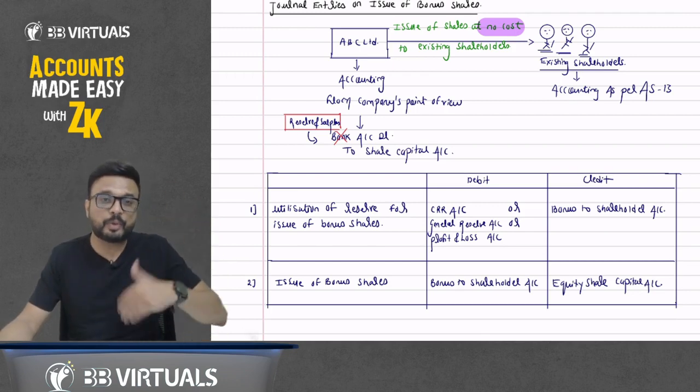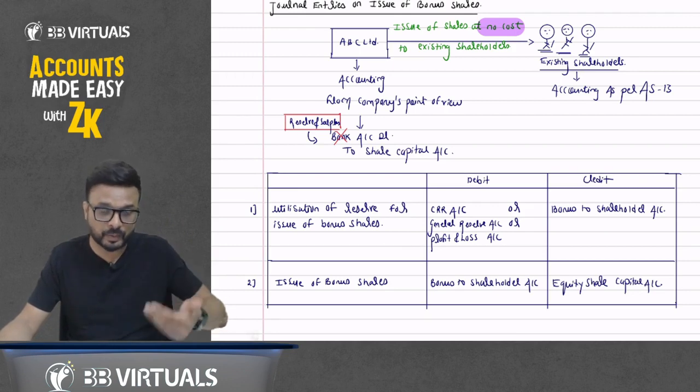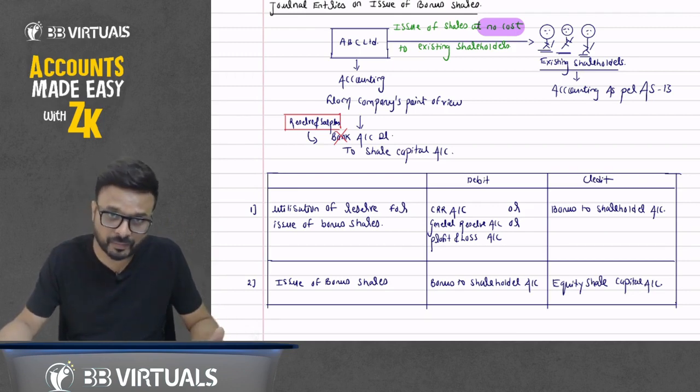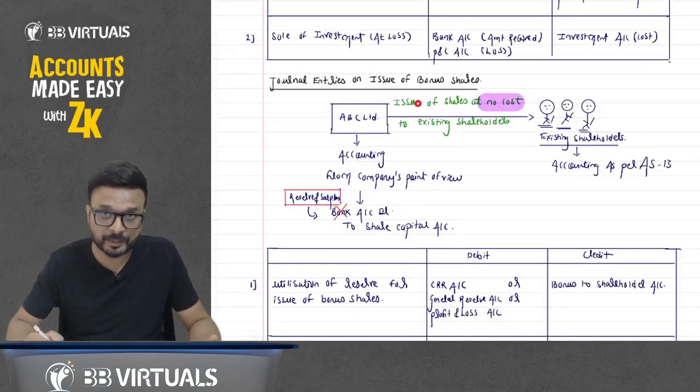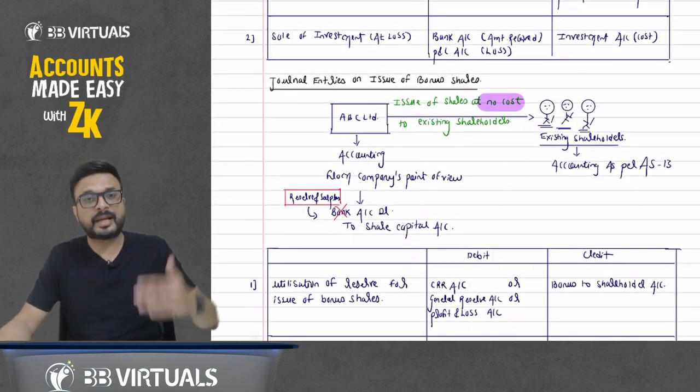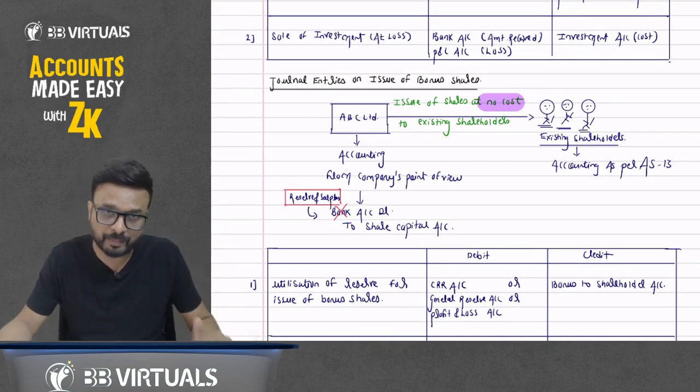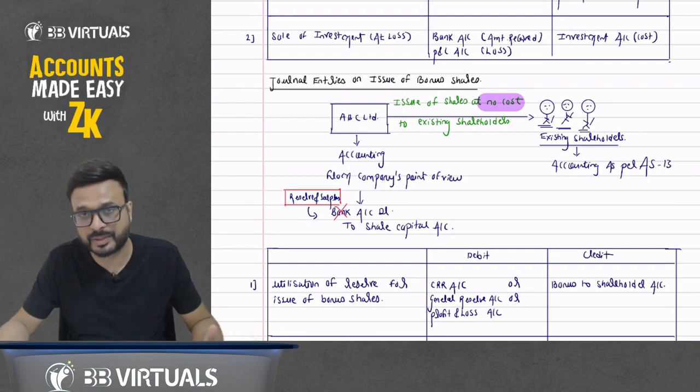Because sometimes when we do questions, some adjustment related to redemption of preference shares will come, like some adjustment for issue of bonus shares will come. So when such an adjustment comes, before that I will discuss the concept of redemption of preference shares with you also.